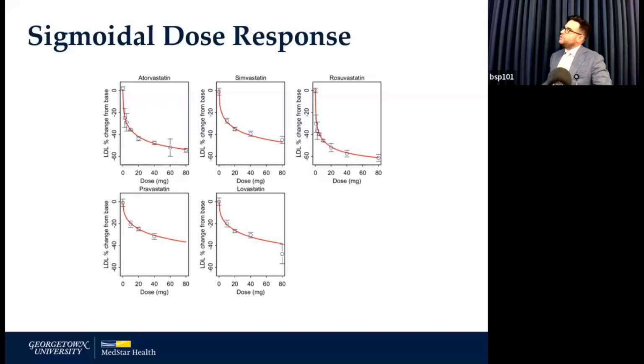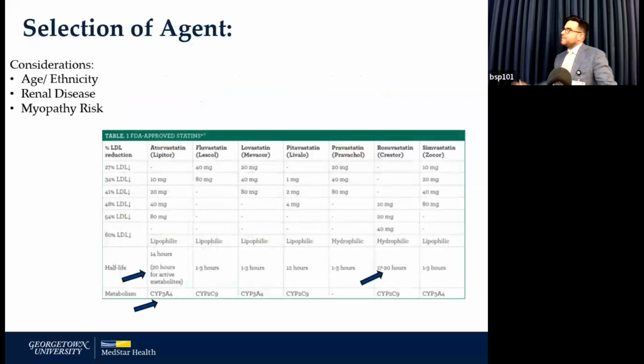The second thing I want you to notice is that there are 2 statins that tend to overperform the others, and that's atorvastatin and rosuvastatin, which confer much more aggressive lipid-lowering therapy than the others. These are our high-intensity statins, meaning they reduce cholesterol by greater than 50%. When we think about statins, here are some other considerations.